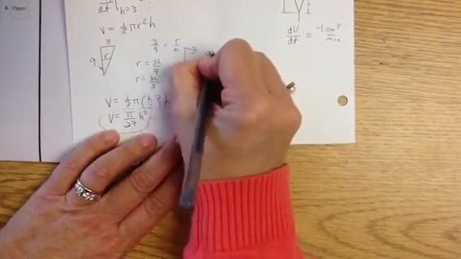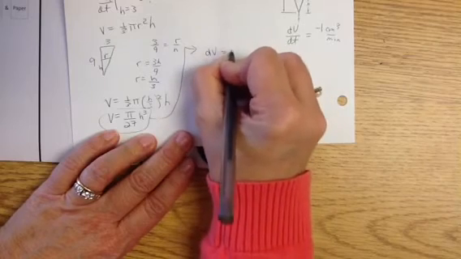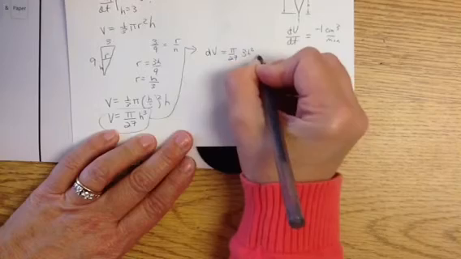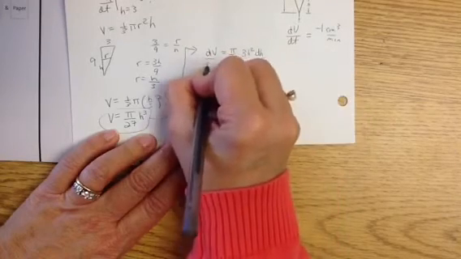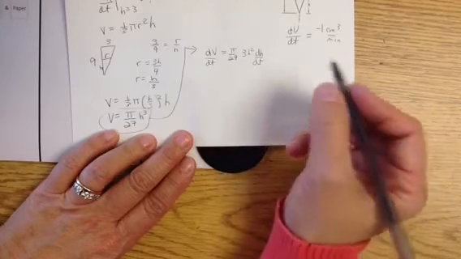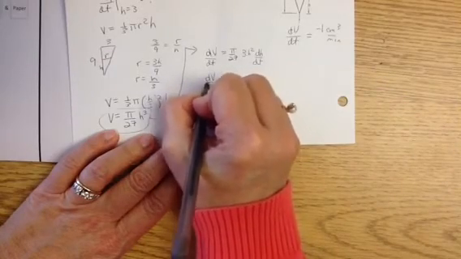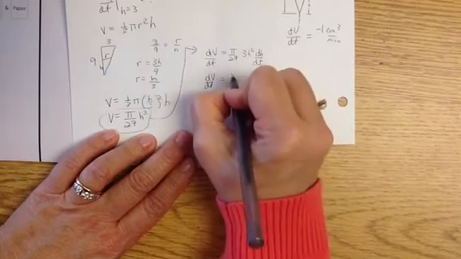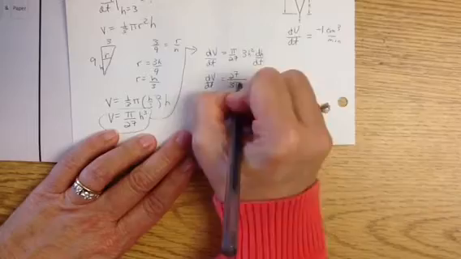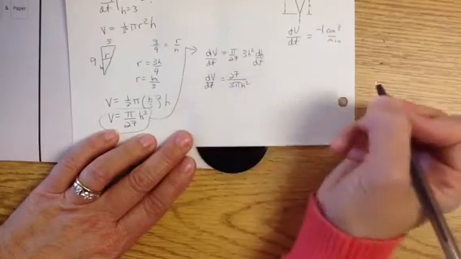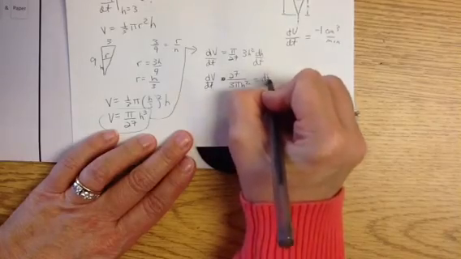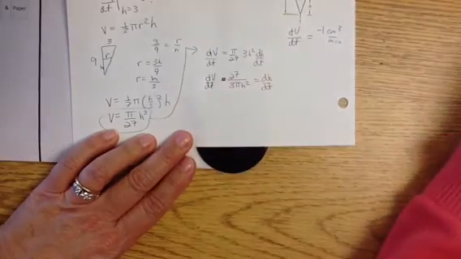Well, let's see. dV equals, this is a constant, times 3h squared dh. Divide everything by dt. Now I want to solve for dh/dt, so I've got dV/dt times 27 divided by 3 pi h squared equals dh/dt. I'm solving for dh/dt.